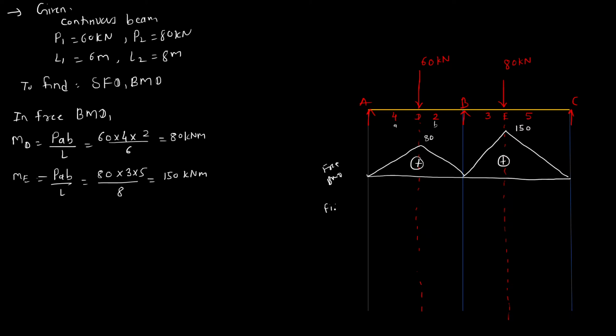Next is the fixed bending moment diagram. Moment at point A is 0. Moment at point C is also 0.